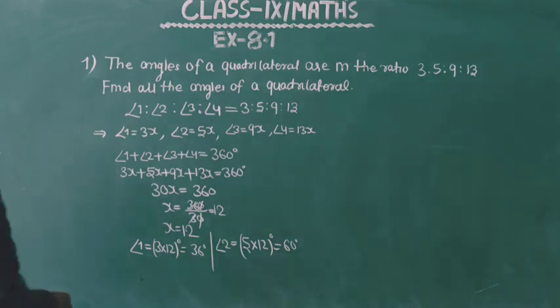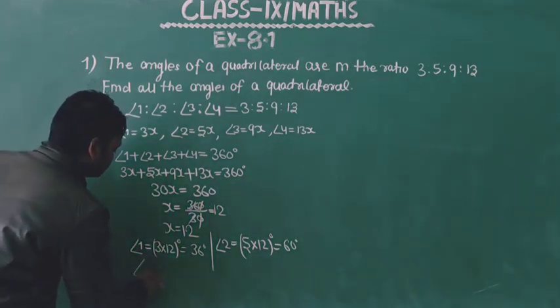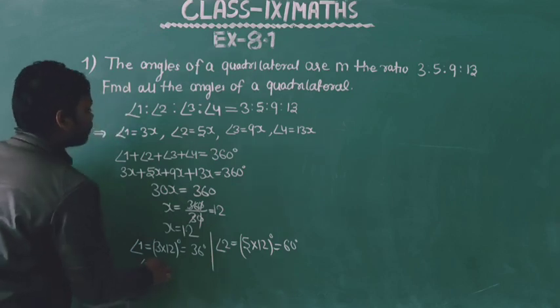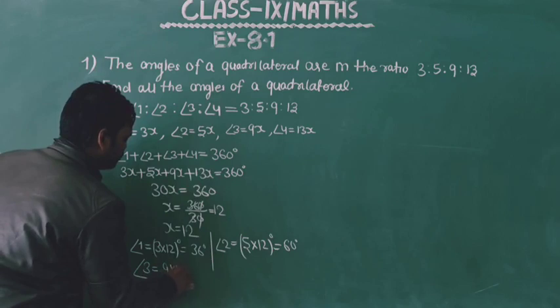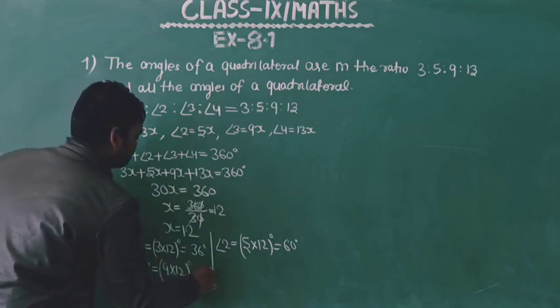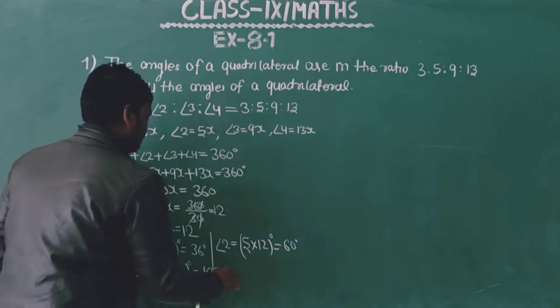And next, angle 3 equal to 9 into 12 equal to 108 degrees.